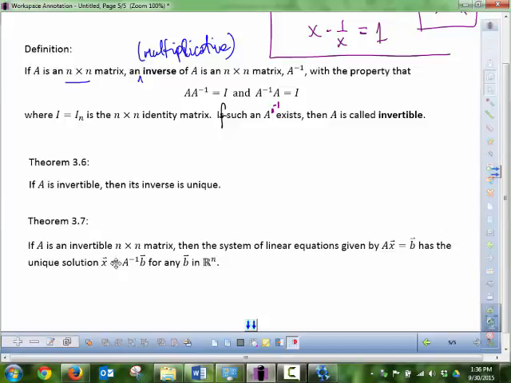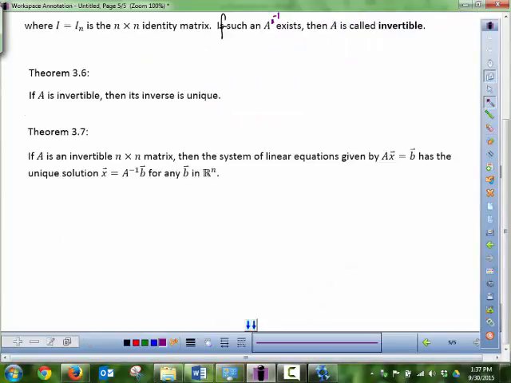Let's see. Trying to come up with a really simple example. So let's come up with a system of linear equations.